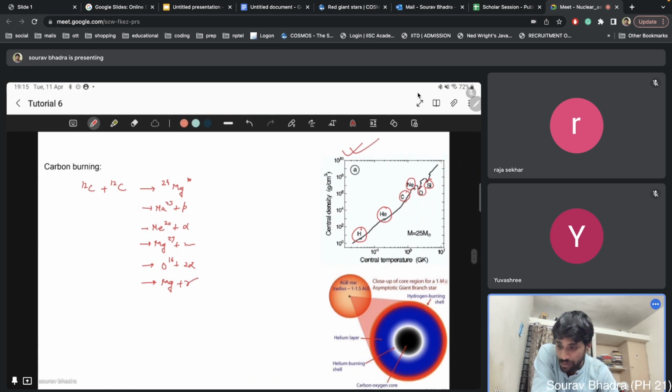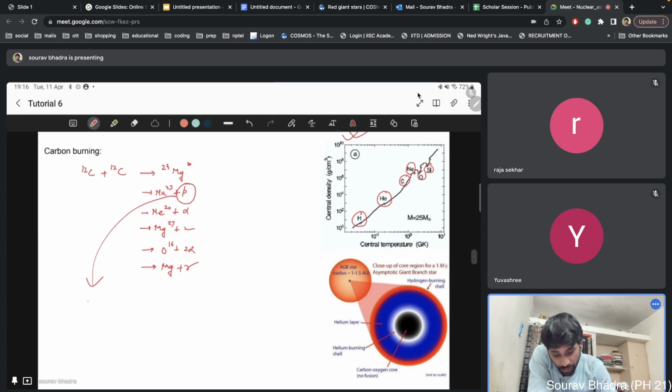Now two of the equations are important because you can see that here is a creation of a proton. Okay, so this proton can also react with another carbon and it will give rise to N13. Okay, so N13 will undergo a beta decay.